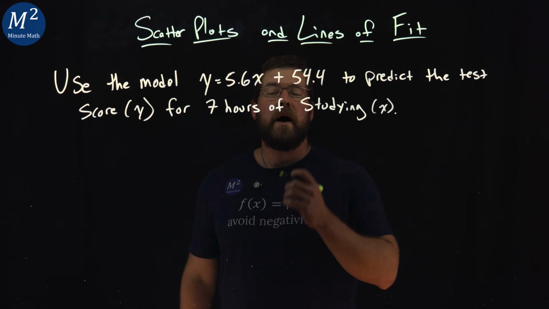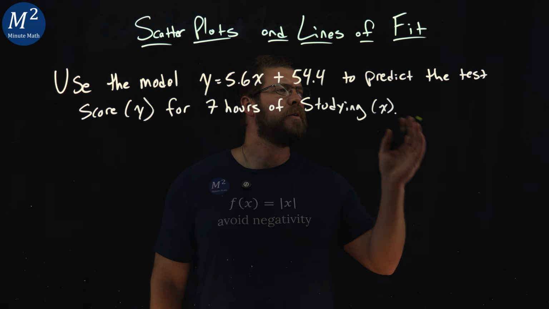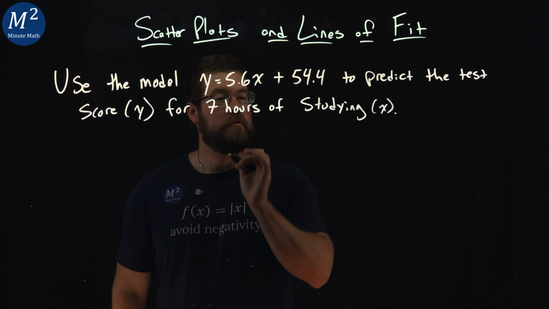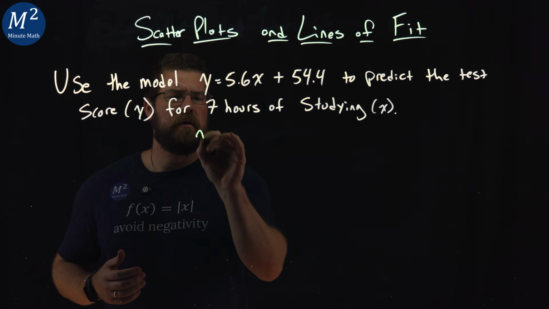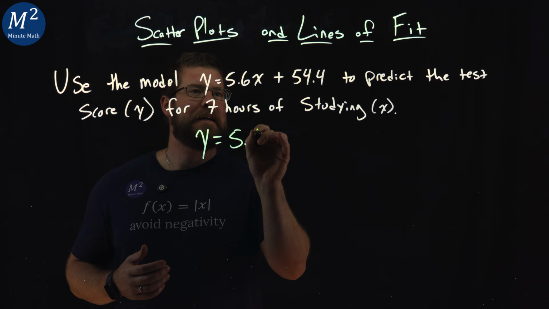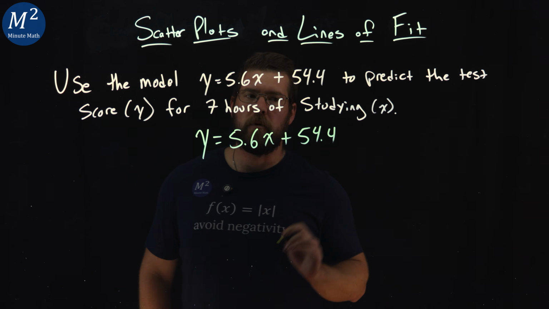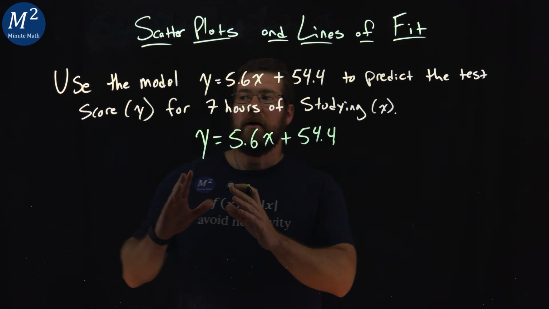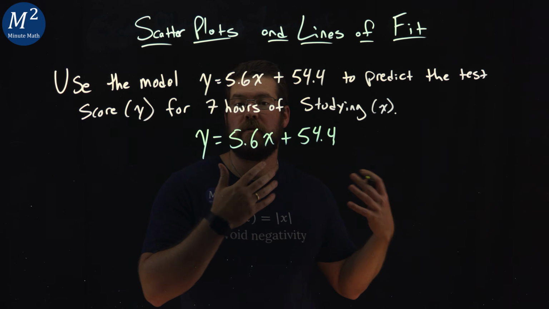Use the model y equals 5.6x plus 54.4 to predict the test score y for 7 hours of studying x. Well, they give us the model here that y equals 5.6x plus 54.4. Now, y represents the score on the test, and x is the number of hours studying.